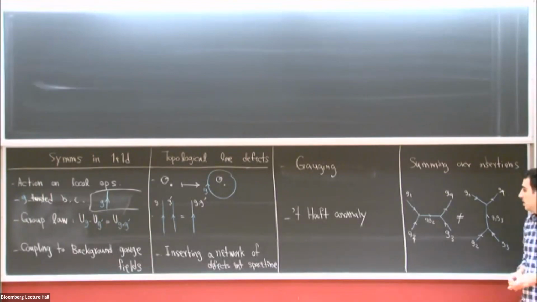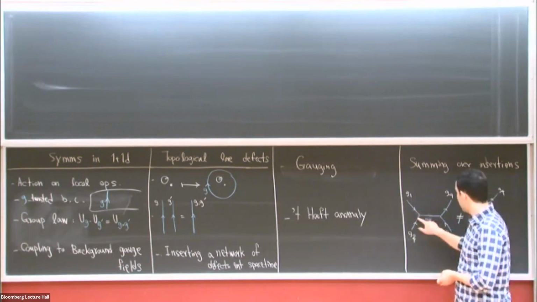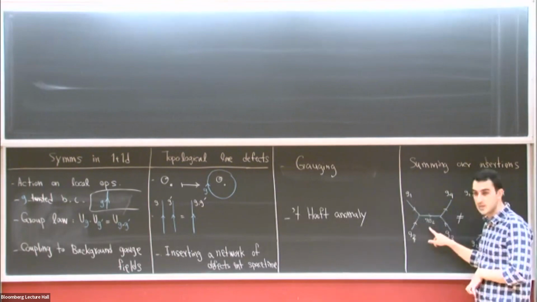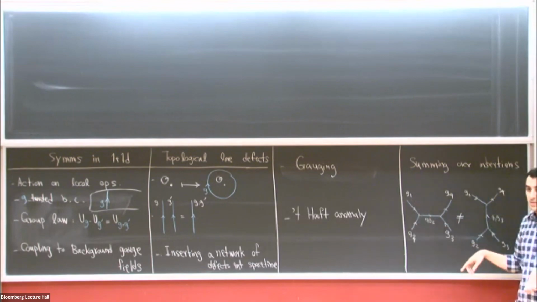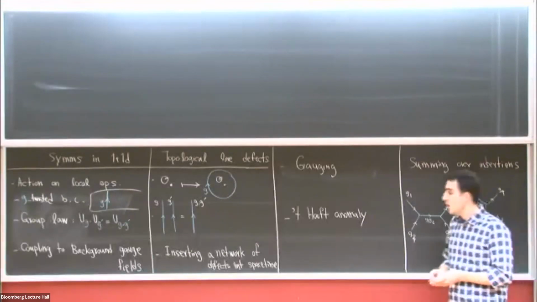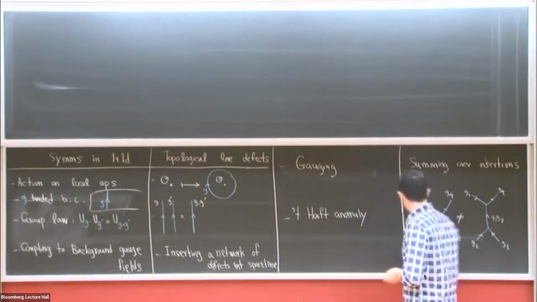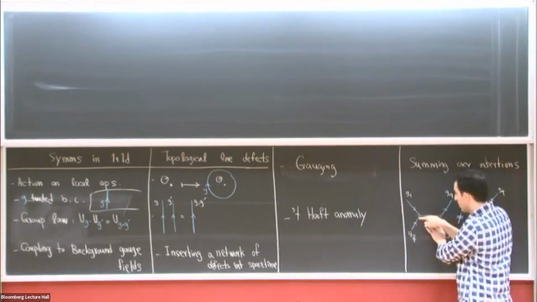So G1G2 was defined by the group law, here? Yeah, that's true. In this case, the only non-trivial junction that exists is between G1G2 and G1G2. If I put something else, which is not G1G2, there is no junction that I could put here, so it wouldn't exist. Because G1G2 is just the product of the two, the group composition law.